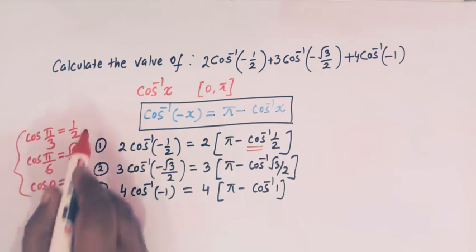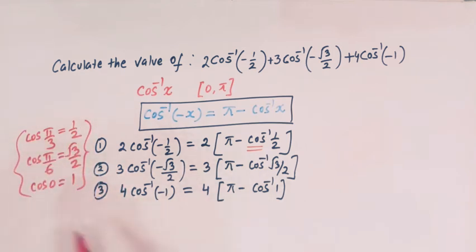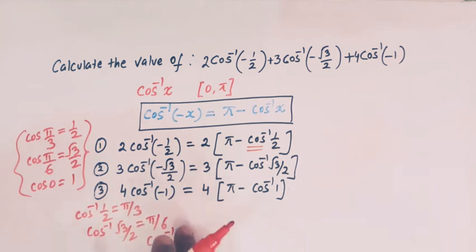So from these we can write cos inverse of half is equal to pi over 3, cos inverse of root 3 over 2 is equal to pi over 6, and cos inverse of 1 is equal to 0, right?